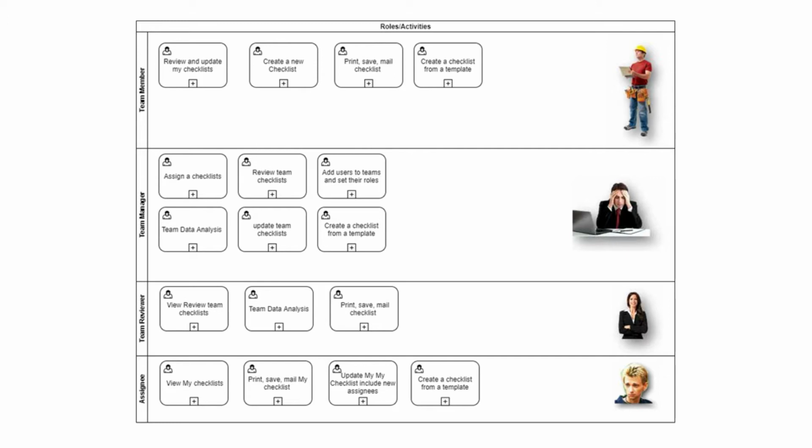And just to note that the team functionality and the roles are optional, so you may just run a simple checklist system where you don't use teams, so it could be just for one department or just for a hobby. My other example is a fishing group, so if it's a fishing club, you may not need separate teams.